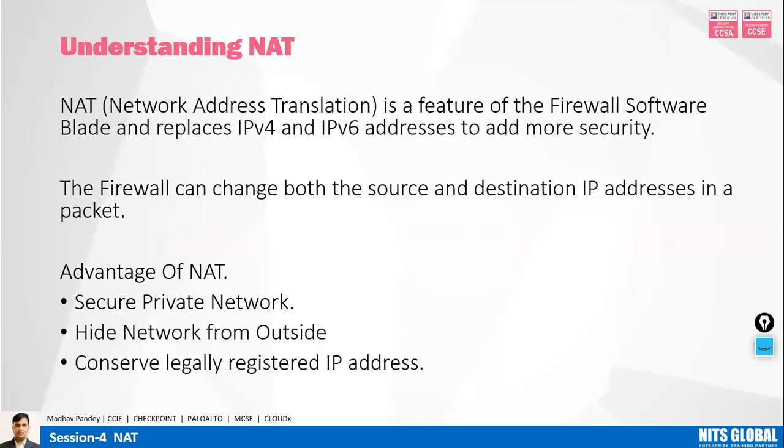Okay, so understanding NAT, the very first question is, what is this network address translation? It is a feature in every firewall, like NATing, which translates your IP address from one IP to another IP, irrespective of whatever IP address it is. It is a feature of the firewall software blade.